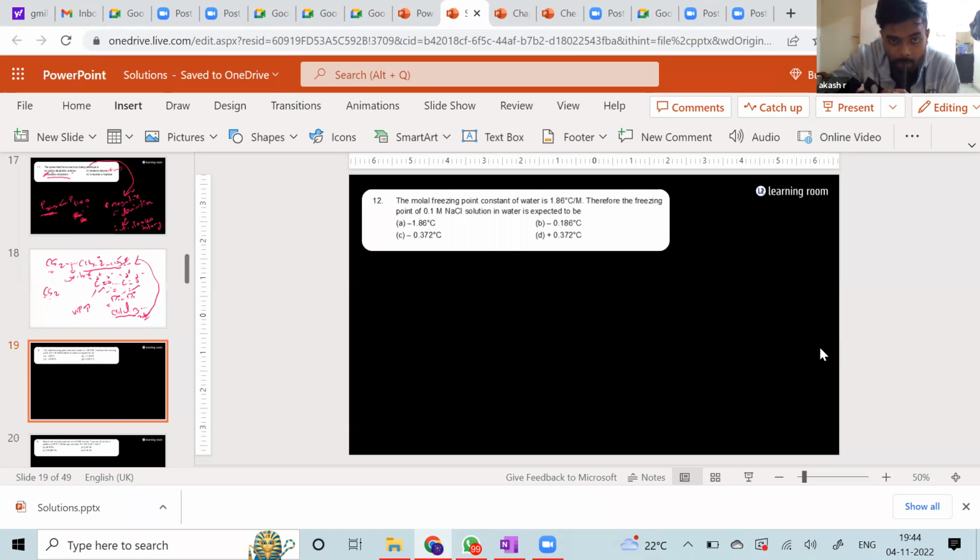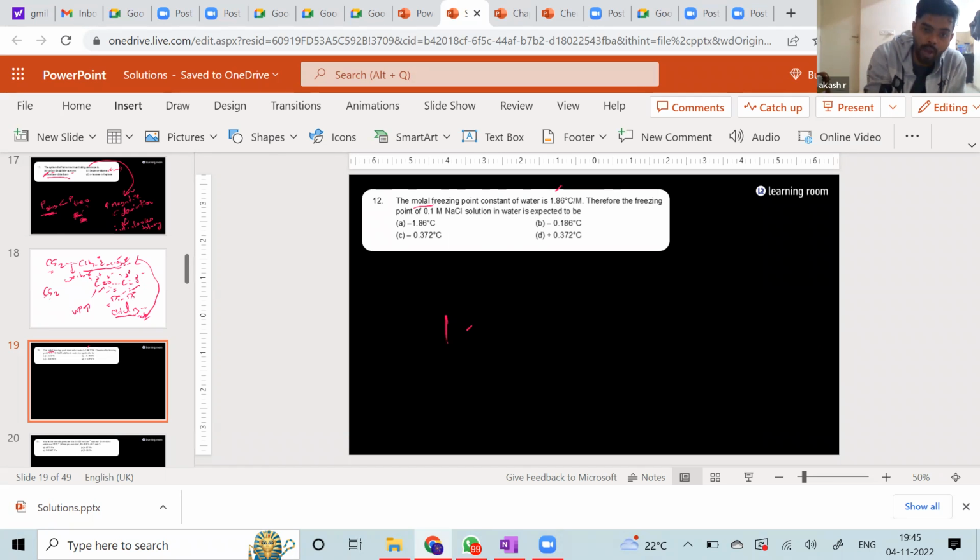Next, the molal freezing point of water is 1.86 degrees Celsius per mole. When I say per molal, it means per mole or per small m molality. Therefore, the freezing point of 0.1 m NaCl solution in water is expected to be... That's very simple.